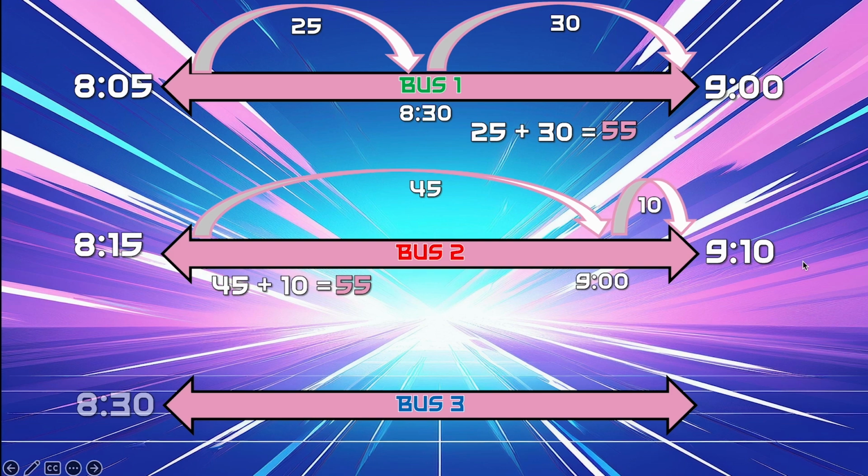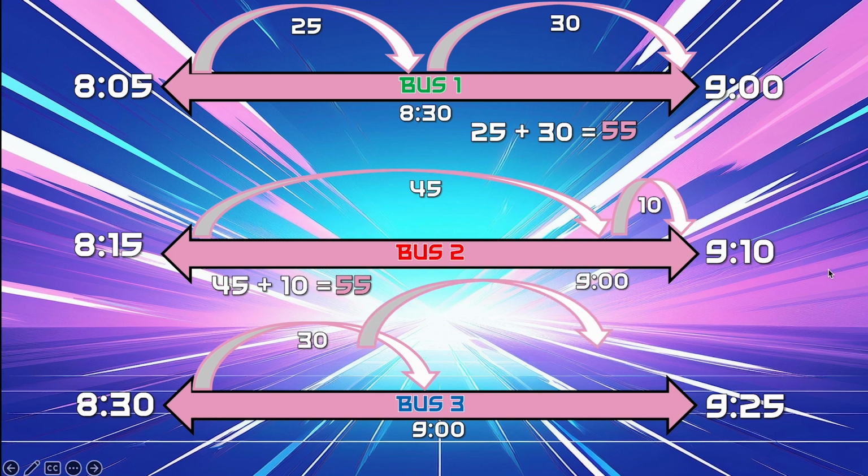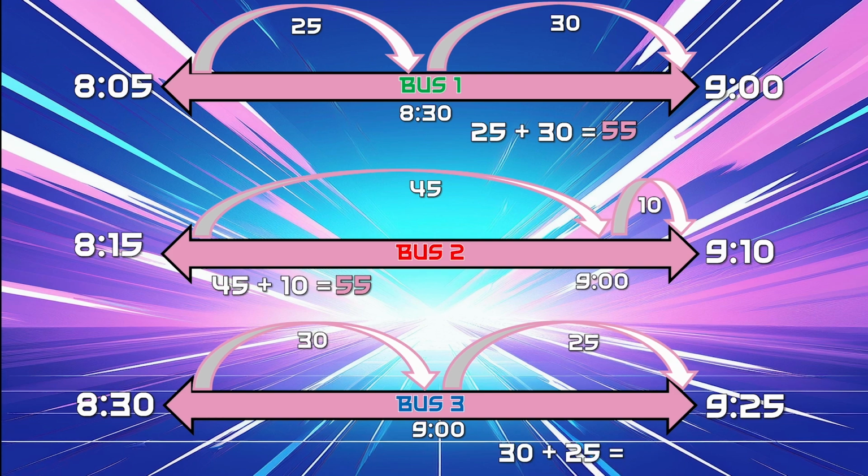Bus 3 leaves at 8:30 and it arrives at 9:25. We know that 8:30 to 9 o'clock is 30 minutes. And then from 9 to 9:25 is another 25 minutes. When we add them together, it's also 55 minutes.